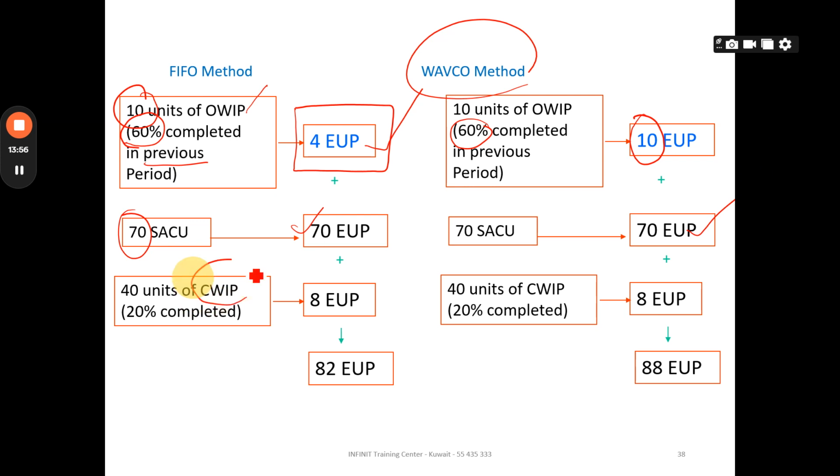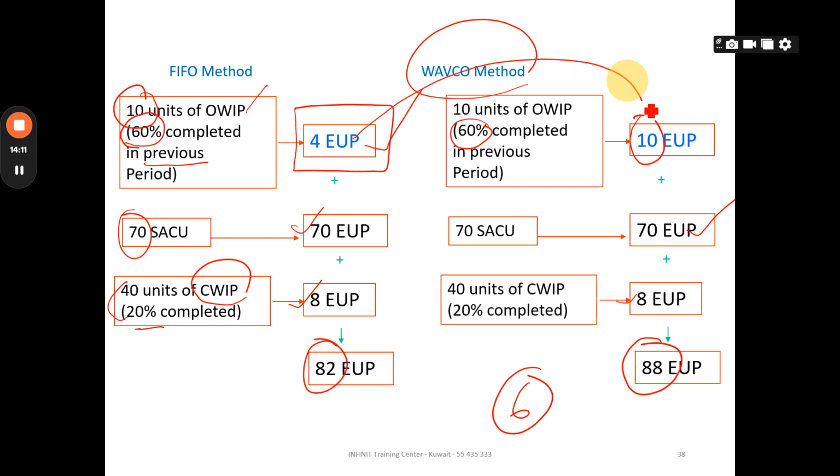40 units of closing work in progress, 20% completed. That is going to be 8. 20% of 40 is 8. Here also it is 8. So the difference of EUP coming here is 6 units. How did we get it? We get it from the difference of the opening.